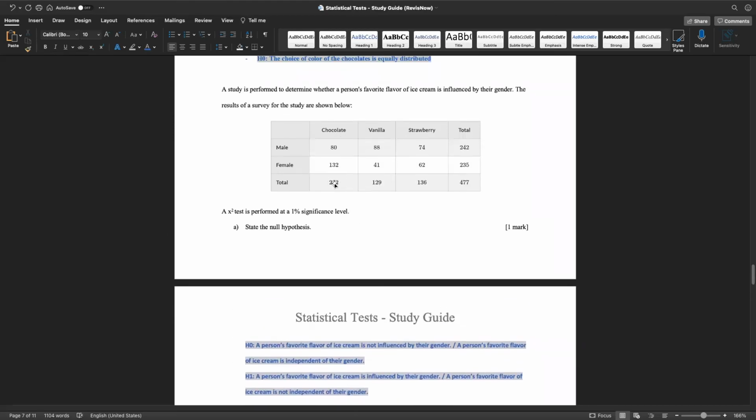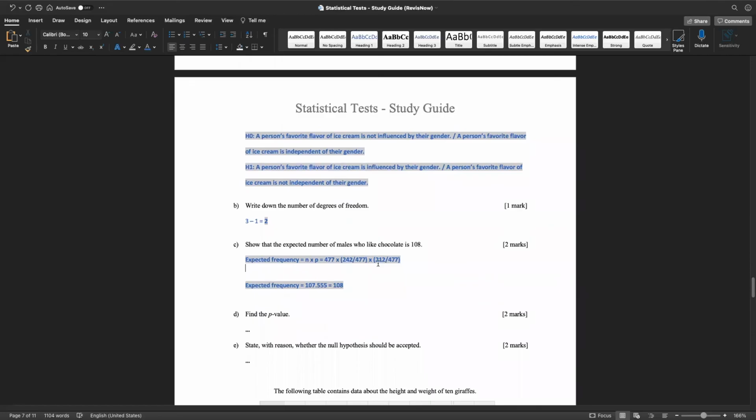I don't know if you guys can see my cursor, but you find chocolate, drop down, total 212, and then you go and find that 477. That would be the next part of your equation, so 212 over 477. And then you multiply these three together and you should get your expected frequency. Does that make a little bit more sense?